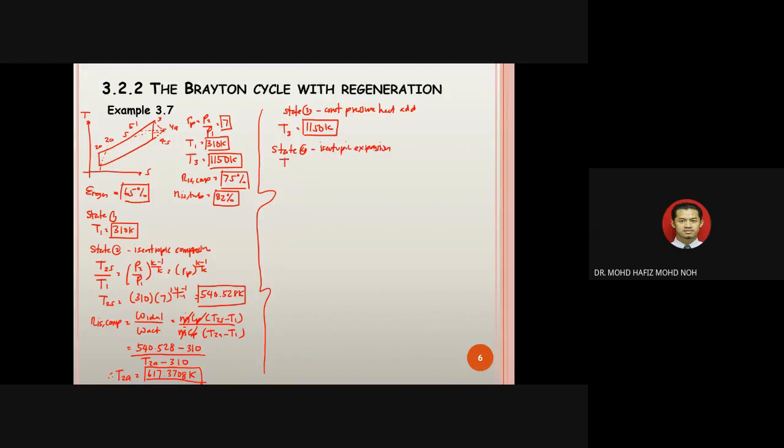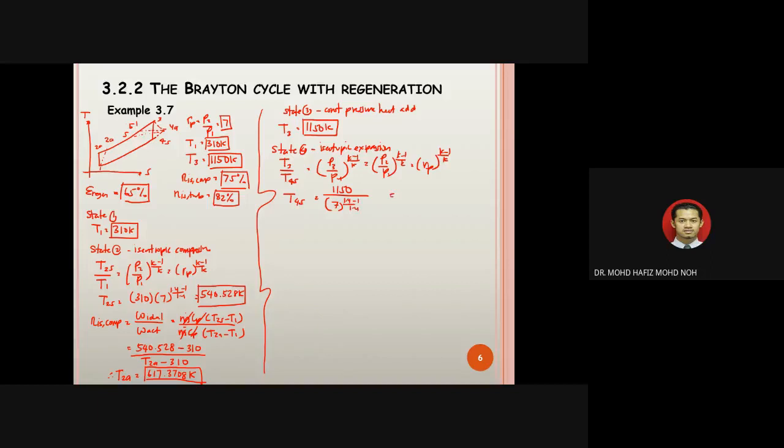So you can use the isentropic relationship, which is T3 over T4S equal to P3 over P4 to the power (K minus 1) divided by K, also equal to P2 over P1 to the power (K minus 1) divided by K, also equal to RP to the power (K minus 1) divided by K. So T4S can be determined by T3, 1150, divided by the RP, 7, to the power (1.4 minus 1) divided by 1.4.